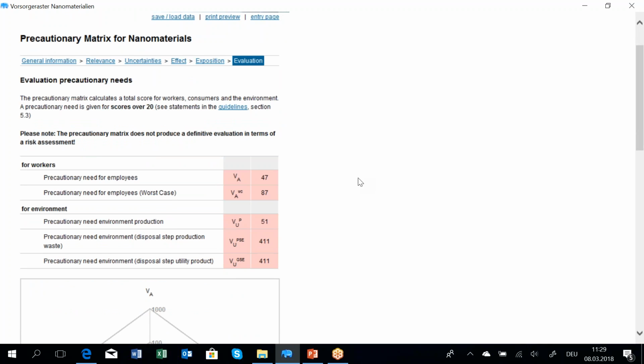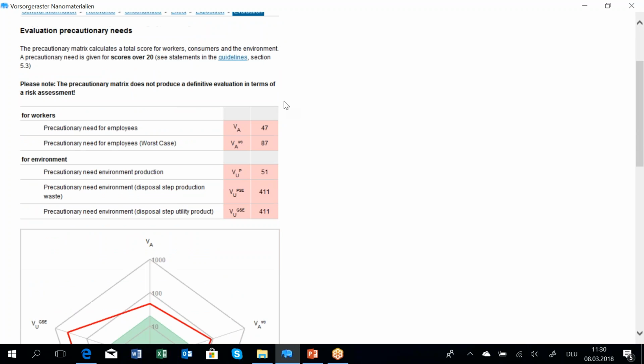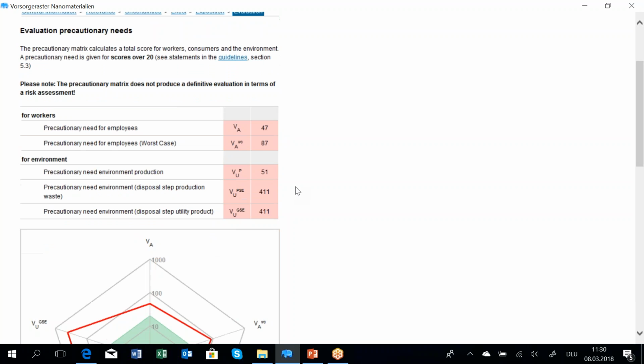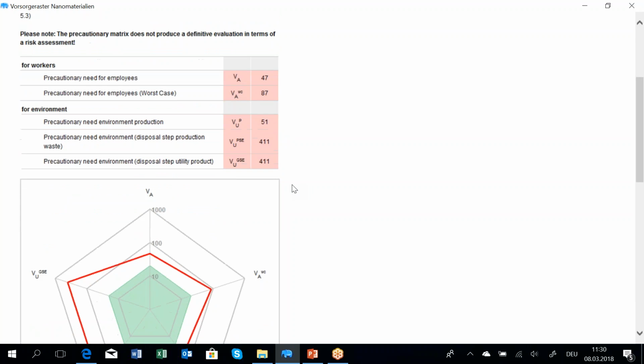With this, we get to our evaluation. And as you already can see, on this table we are over 20 in all the fields, which means we have some tasks to do.